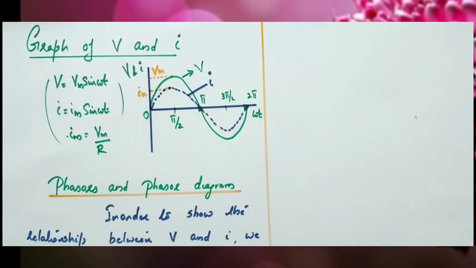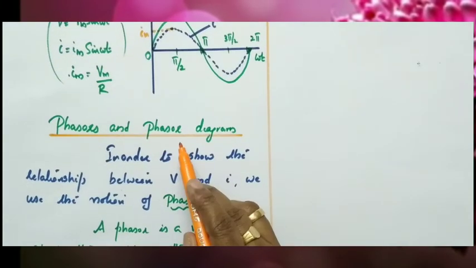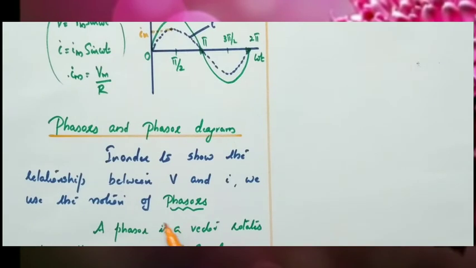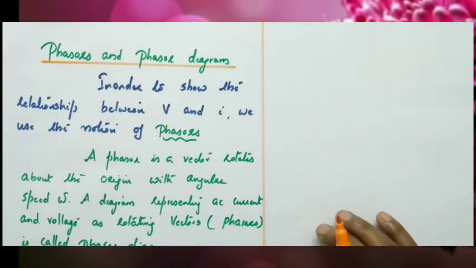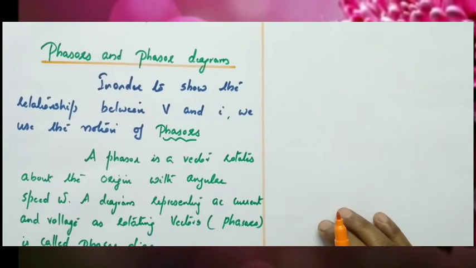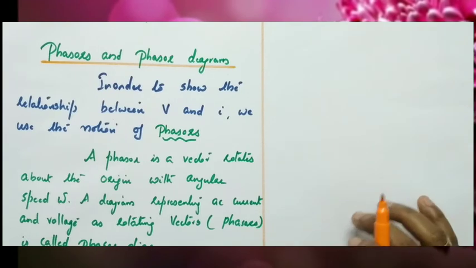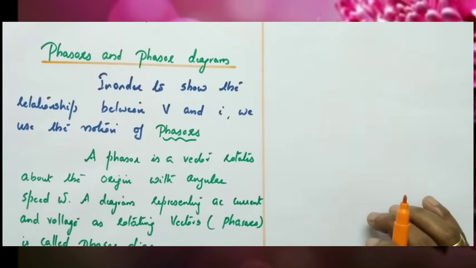Okay, now we can discuss what phasors and phasor diagrams are. In order to show the relationship between voltage and current we use the notion of a phasor. A phasor is a vector which rotates about the origin. Normally voltage and current are considered to be scalar, but in AC they can be considered vectors because the voltage is continuously varying and periodically changes its direction, isn't it?